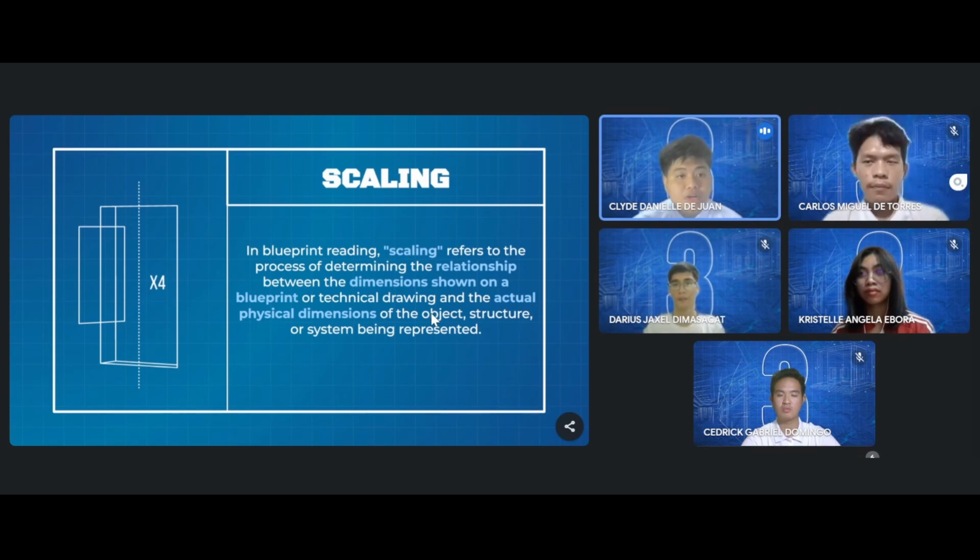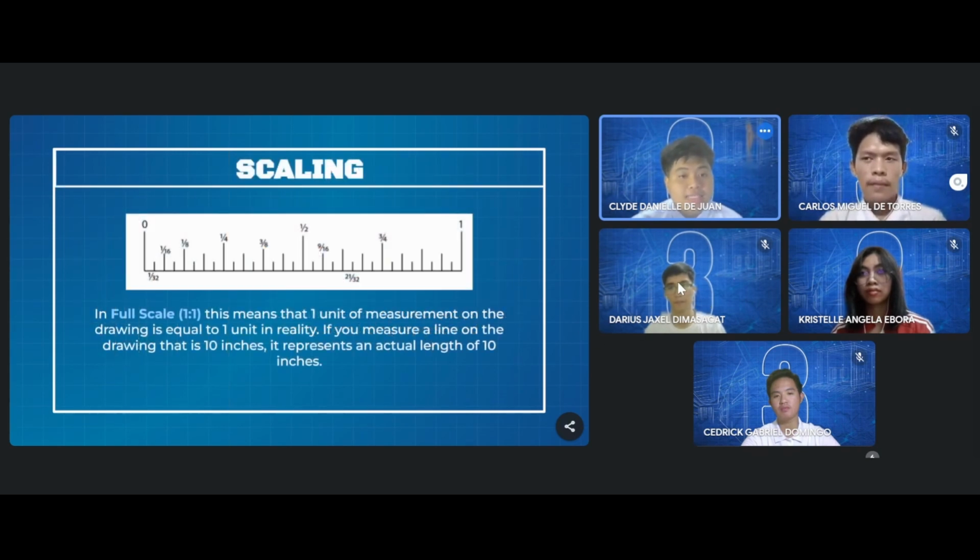The first number represents the drawing dimension, and the second number represents the actual dimension in real life. In blueprint reading, scaling is about understanding how the sizes on the blueprint correspond to the actual sizes of the object or structure it represents. It ensures accurate dimensions.